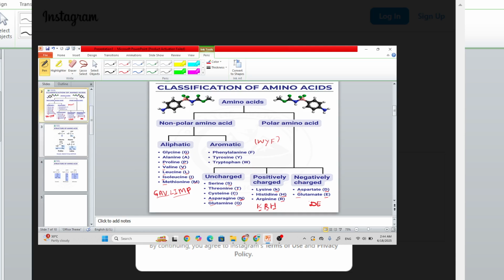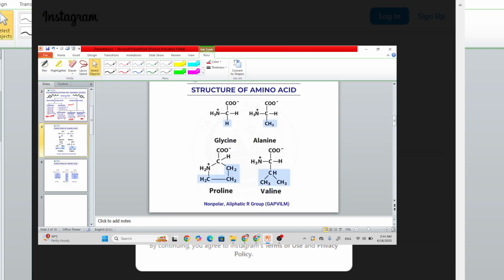Okay, let's start with the structure of amino acids. This is the structure of glycine, the actual structure. It has a polar carboxylic head group, an amino group, one H, and this is the R chain.